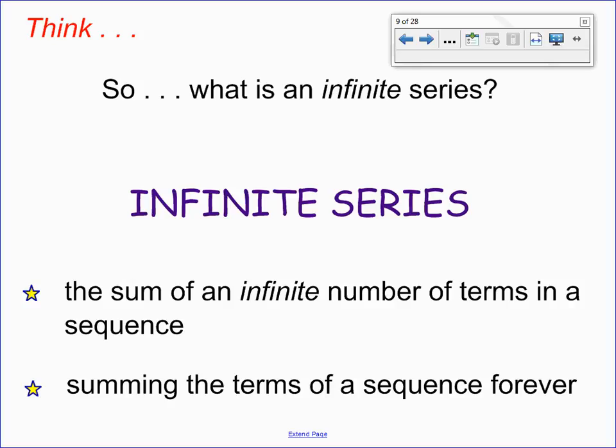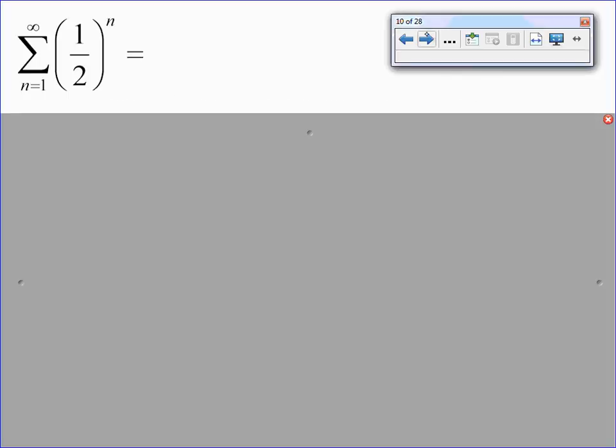At first, we might think that this sum would continue to grow and grow since we're continually adding forever. However, it turns out that many of these series converge and equal a particular finite value. Even though we're dealing with an infinite series, it equals a particular finite value, and we're going to see how that works.